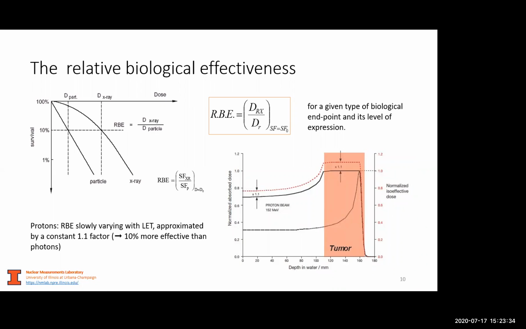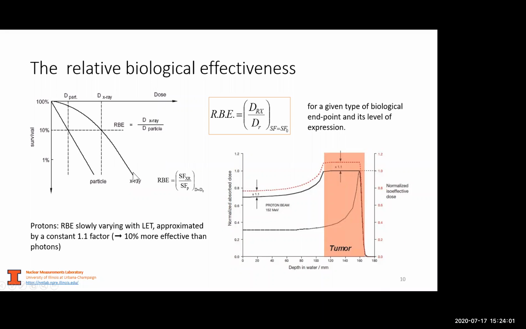But going back to the concept of survival rate, we also observe that for particle therapy, in this case these are actually protons, we need a lower dose to achieve the same killing rate compared to X-rays.